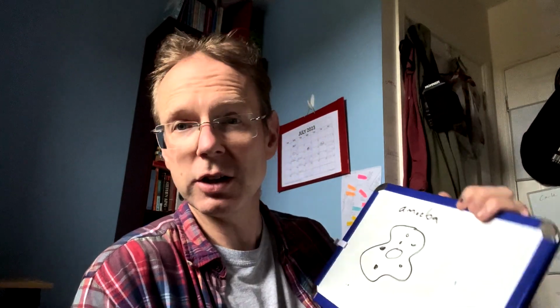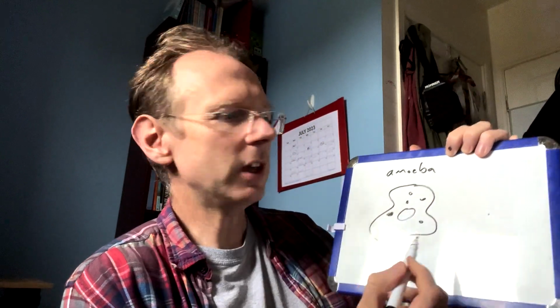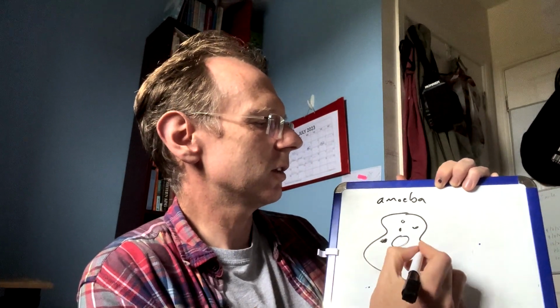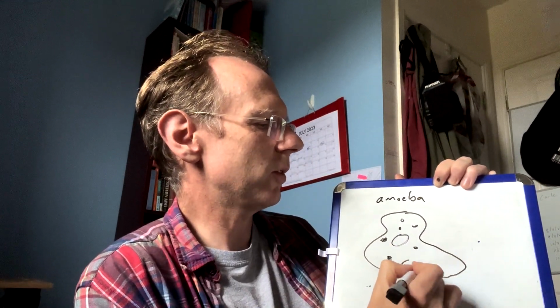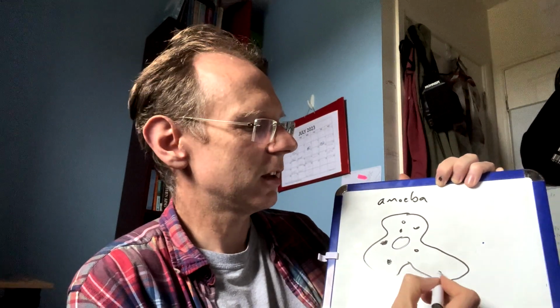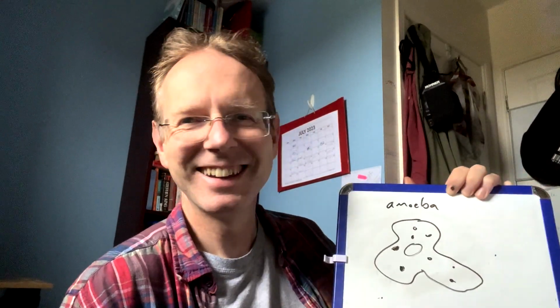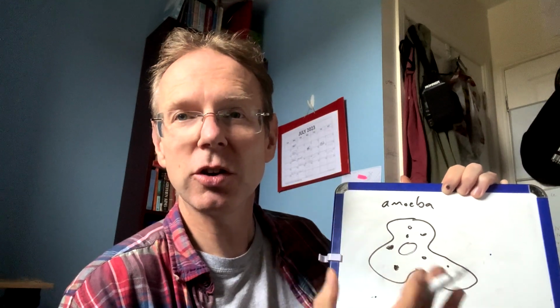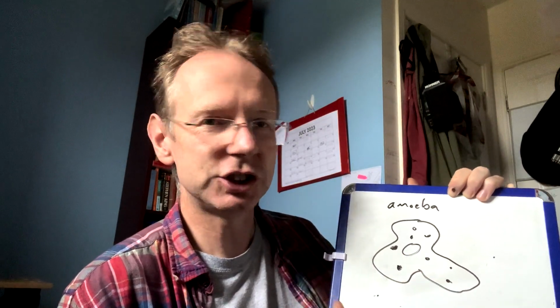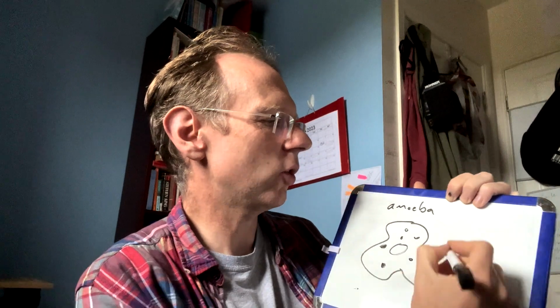So they can move. It's really interesting. They can stretch out their cytoplasm in different areas, and then they can basically turn the cytoplasm into a kind of thicker gel, and this is called a pseudopod.